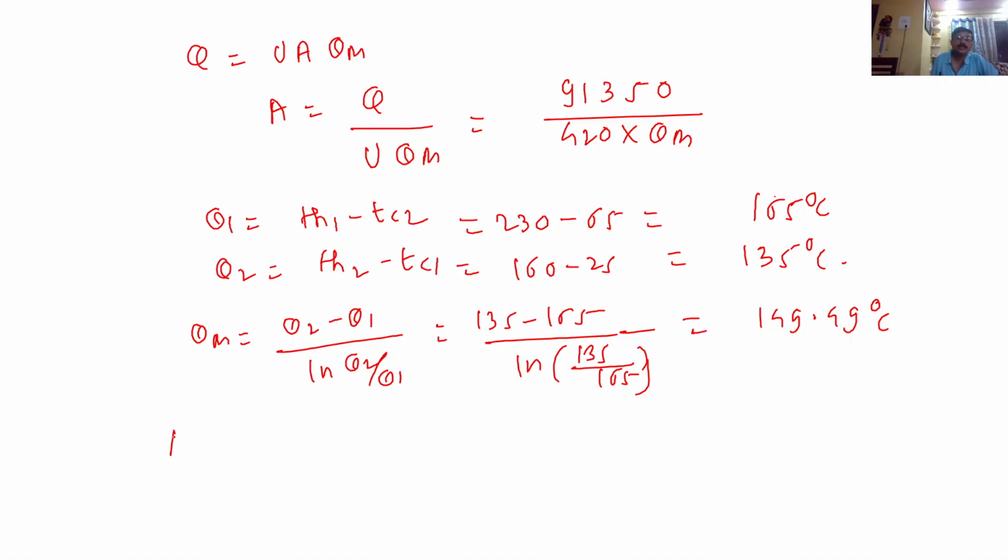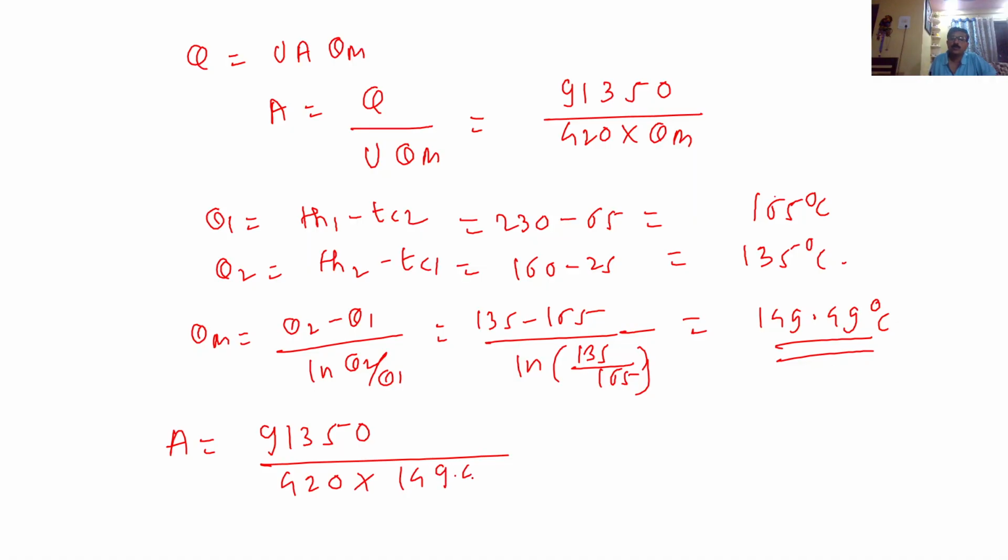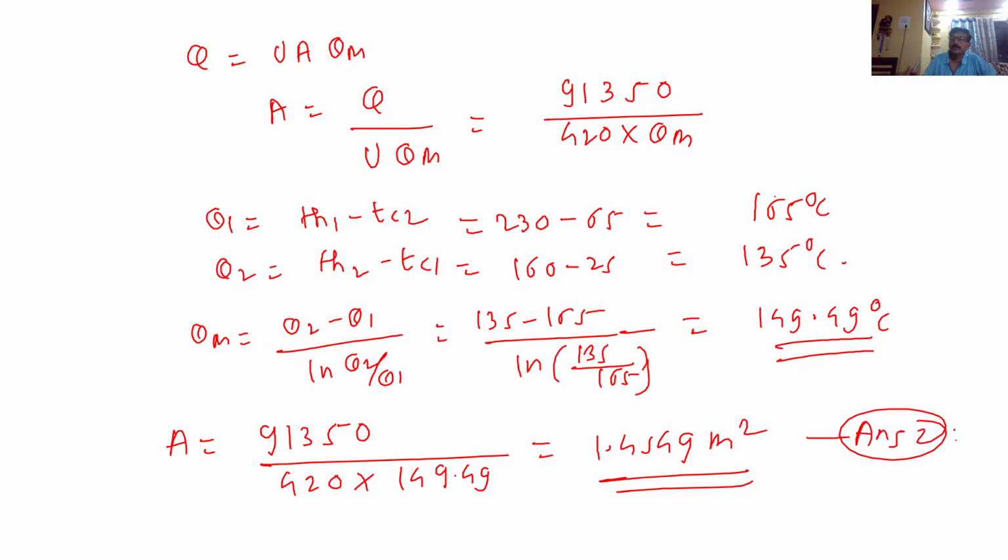Now you have everything with you. Area is equal to 91350 upon 420 into theta M, just now calculated 149.49. So the area answer is 1.4549 meter square. So this is your answer number 2.